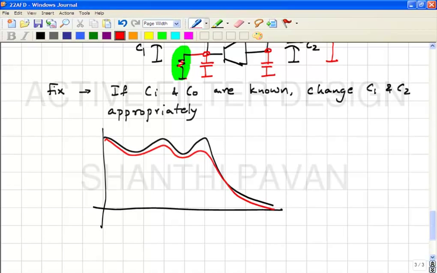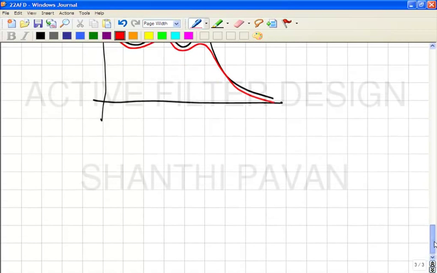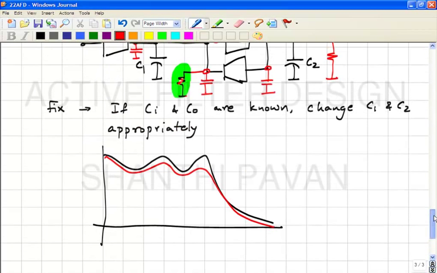The next thing is to worry about what happens when you have finite output impedance, output resistance rather.